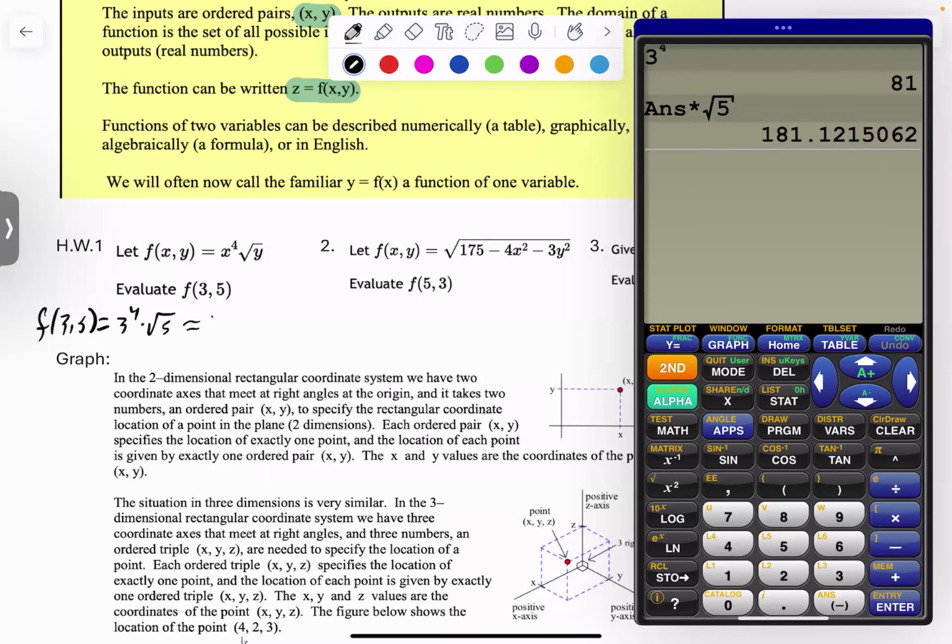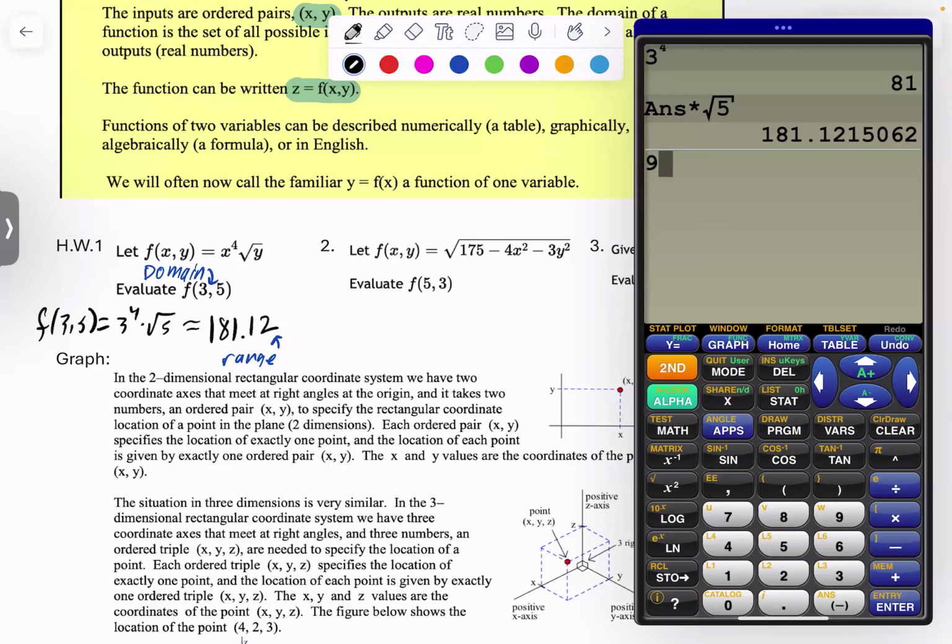So this is about 181.12. Now, just to be clear, the 3 and the 5 are the domain. And this is the range, meaning the y value, or in our case, the z value.